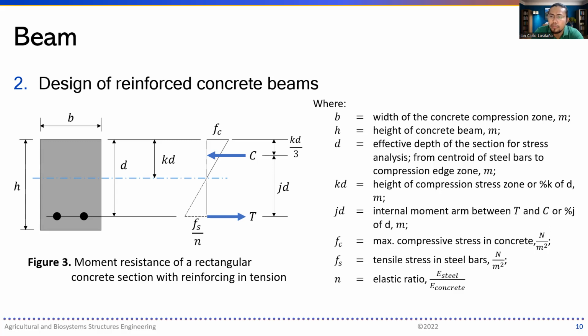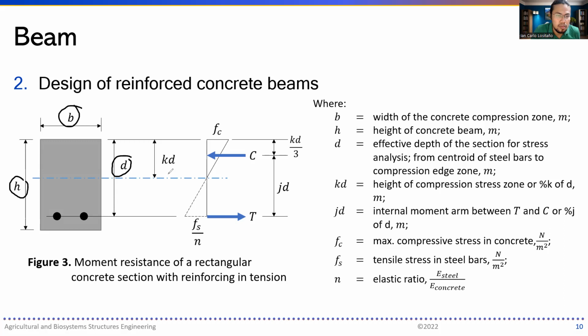You have the width of the compression zone, the complete compression zone in meters, as B. B is over here, and the height of the concrete beam is H, and D is the effective depth of the section for stress analysis, because this is the centroid of the steel bars.